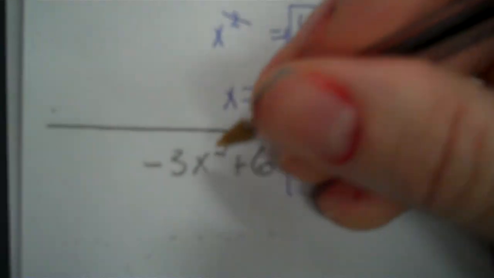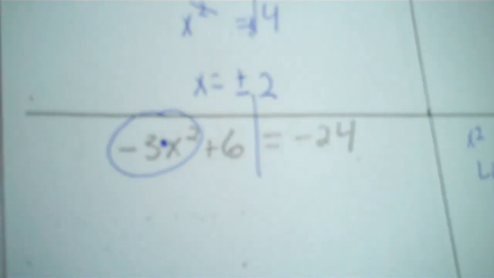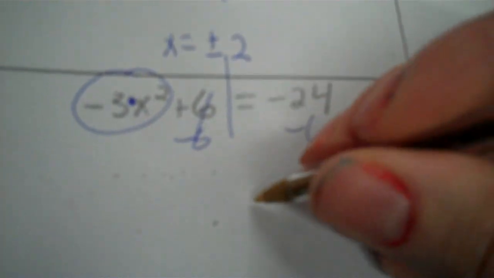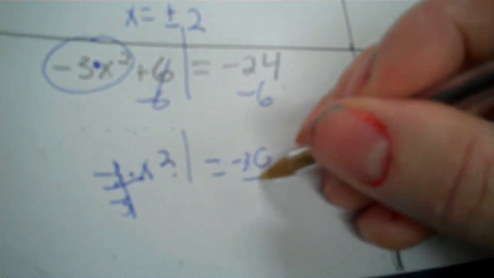Alright, so multiplication plus, you take out your plus 6 with minus 6. That would take you to negative 30. And then you divide by negative 3. That's 10.